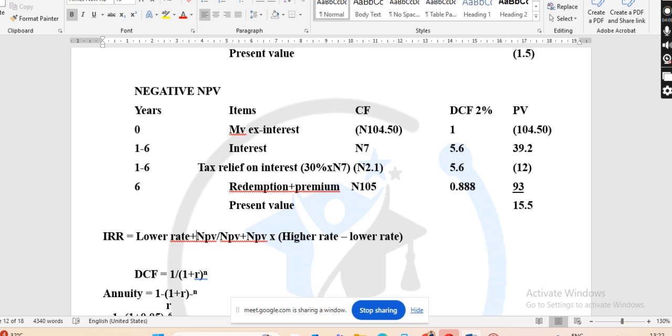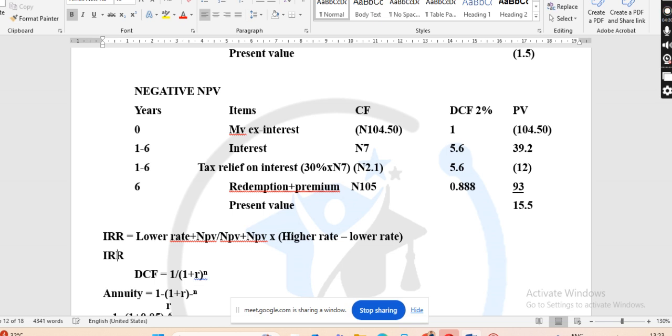Minus times minus is plus. So that is why we said lower rate plus positive NPV divided by positive NPV plus negative NPV times the higher rate minus your lower rate.